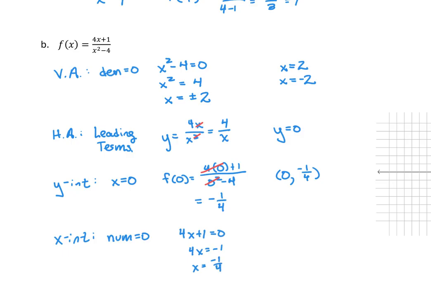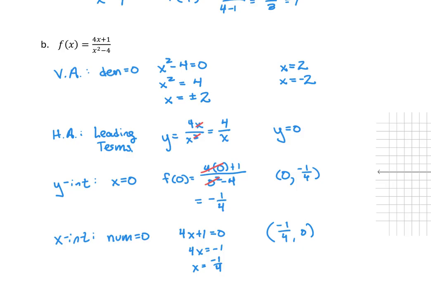Now note that even though it looks like our y-intercept and our x-intercept are the same, keep in mind there is no relationship between the y-intercepts and the x-intercepts in general. Okay, it just so happened that that's how this worked out. All right, so our x-intercept is negative 1/4, comma, 0.